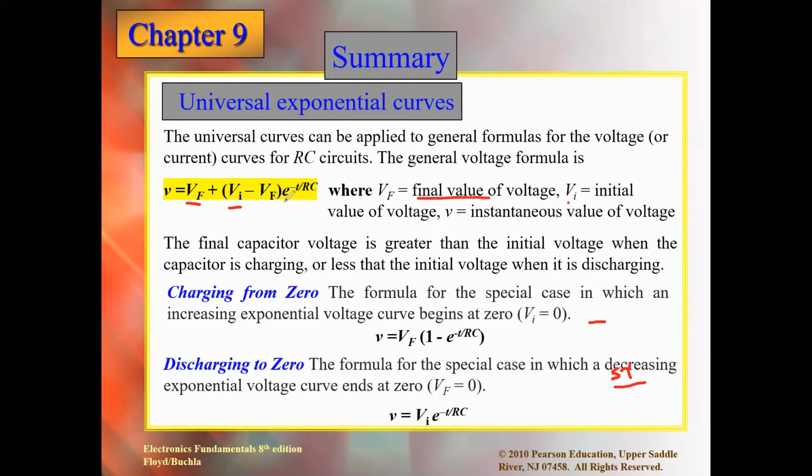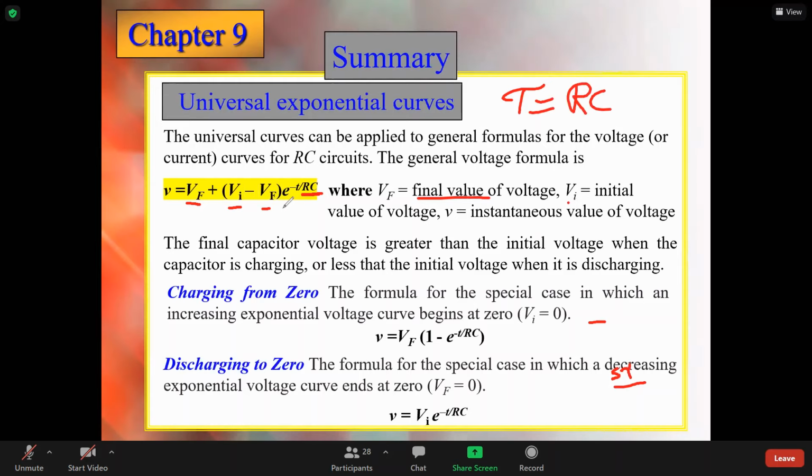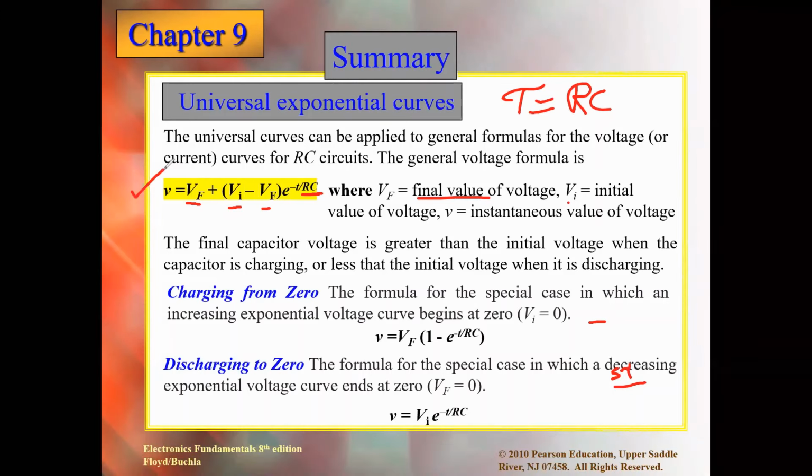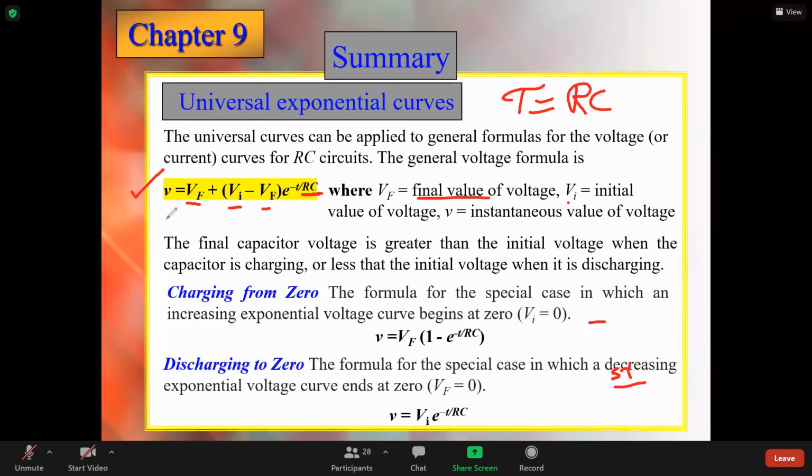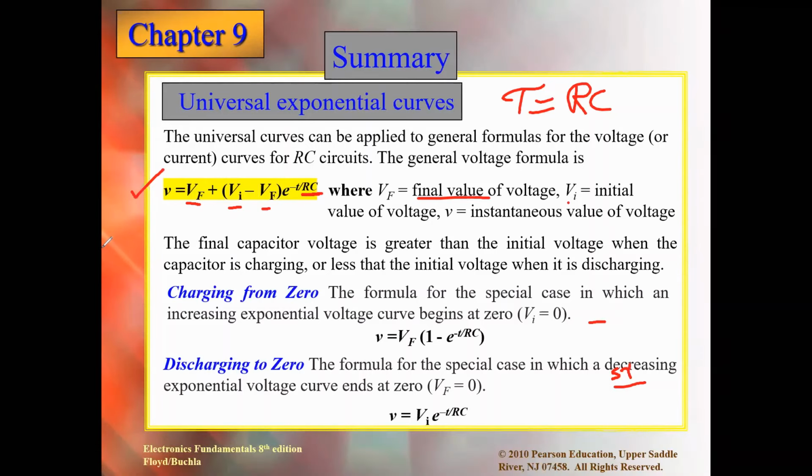Then e raised to the power minus t over RC. Do you know what RC is? RC is the time constant, like I just explained, equal to tau. So this is the instantaneous equation. By knowing this one, we can find the capacitor value at any instant of time. Now we can break this equation two ways.